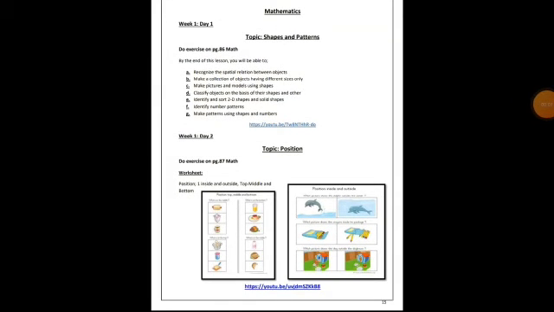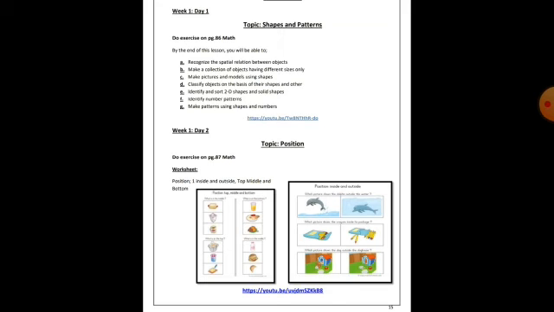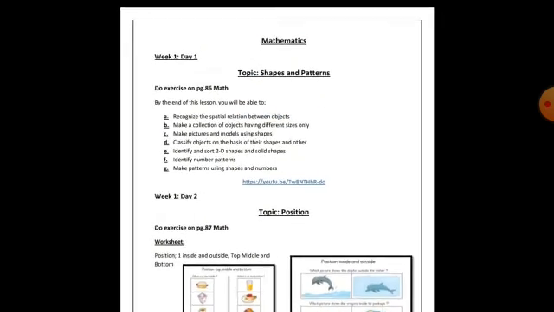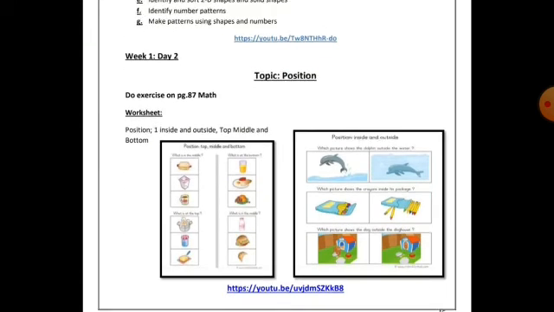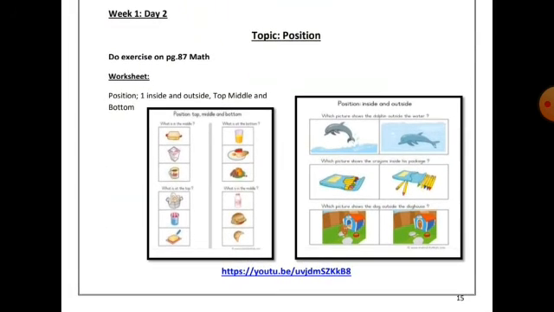With the help of this lecture, you can solve the task of week 1, day 1 and 2. For day 1, you just read and learn page number 86 and then solve these worksheets.